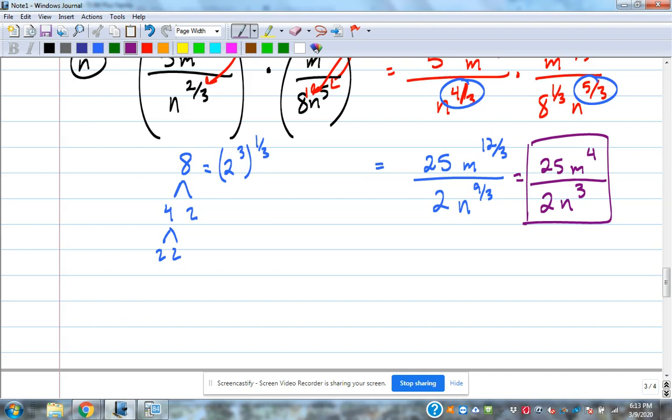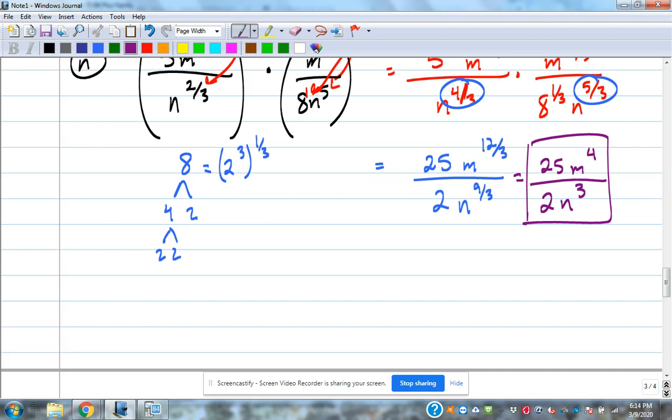That was a little hairy because you got to simplify as you go there. If you don't simplify as you go, it still works out, but anytime you got coefficients mixed in with variables, it makes it a little tougher to do. So you got to be careful of that.